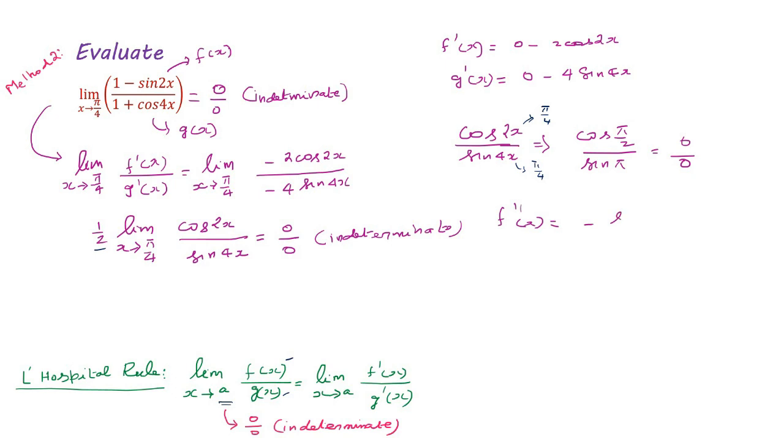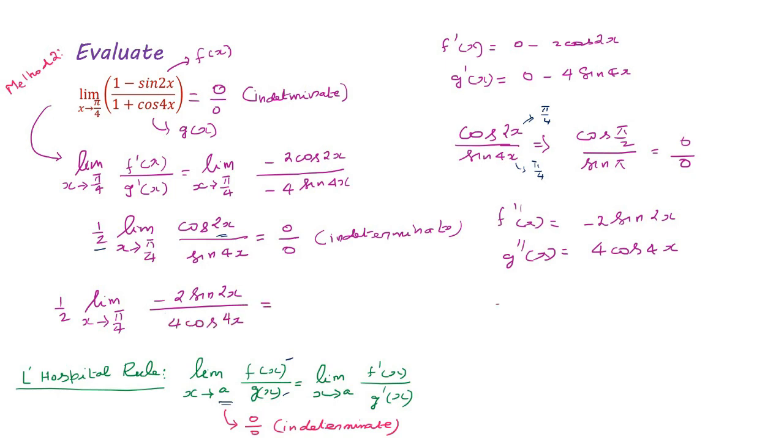That is f double prime x is equal to minus 2 sin 2x. That is, you have to differentiate this. Then g double prime of x is equal to 4 cos 4x. So minus 2 sin 2x by 4 cos 4x.